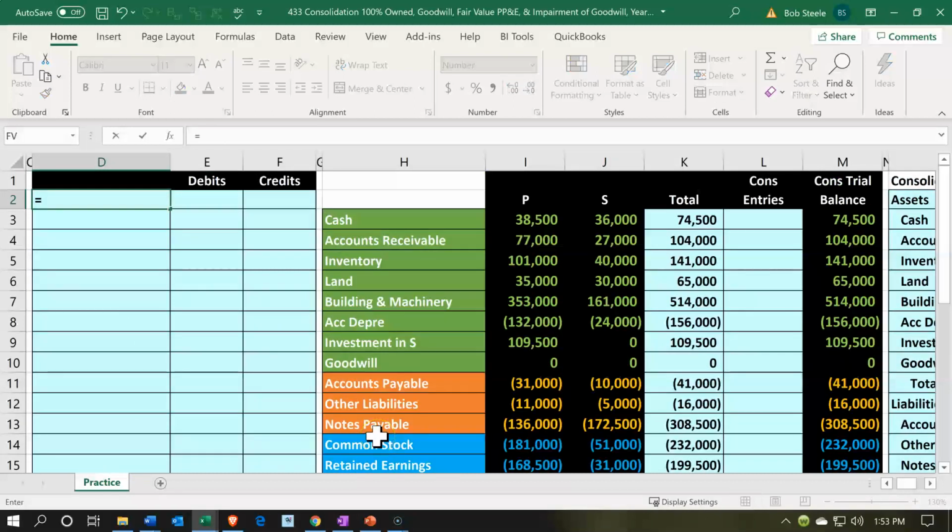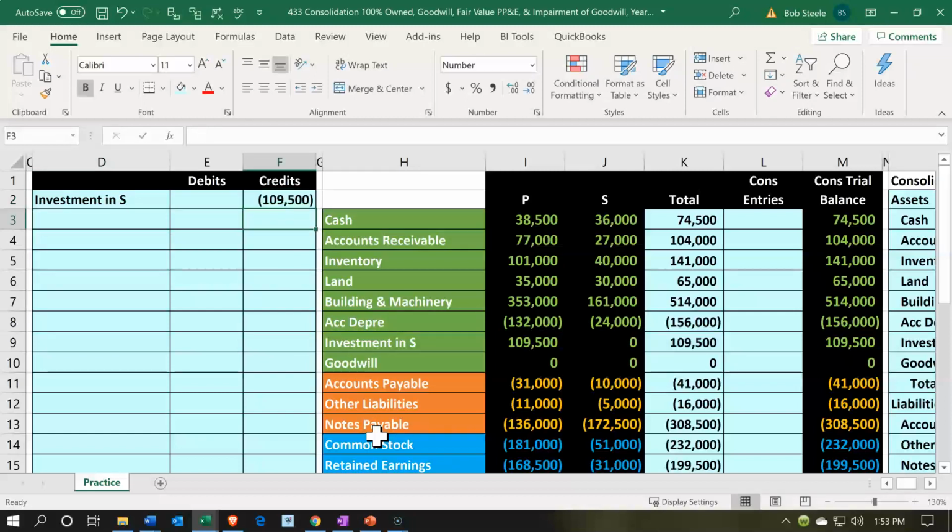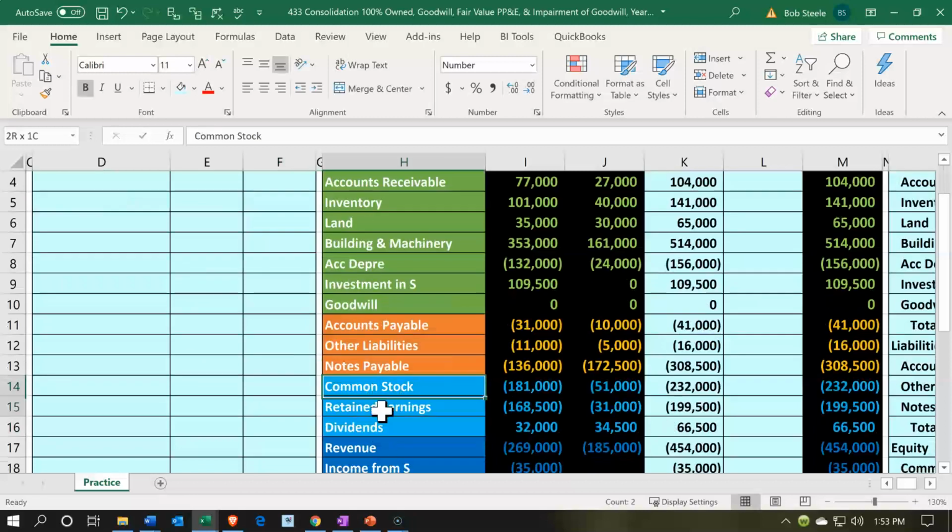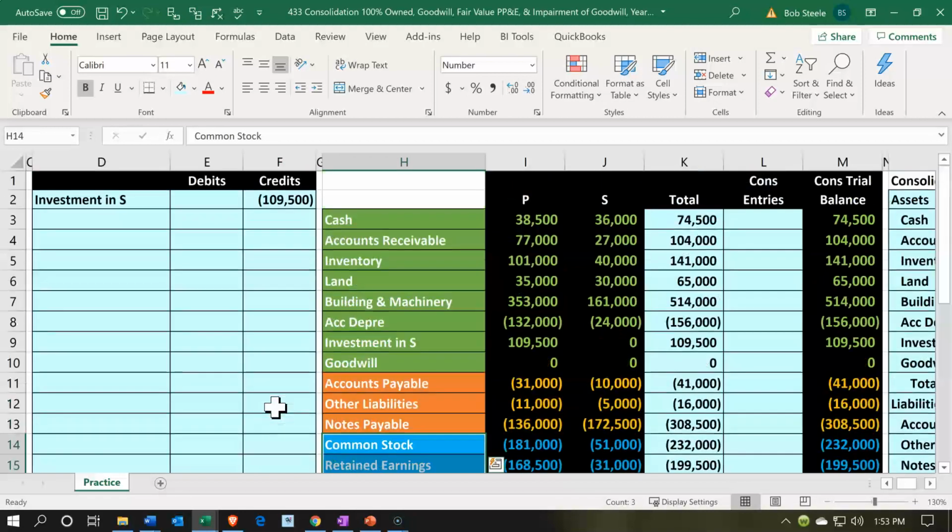I know that this investment account here has got to go away. And so that's going to be negative of the 109. So that 109, I know that's got to go away. And then I know these equity accounts down here need to go away. Now, it's not going to work out perfectly, I understand, because there was goodwill involved here and a revaluation of the assets.